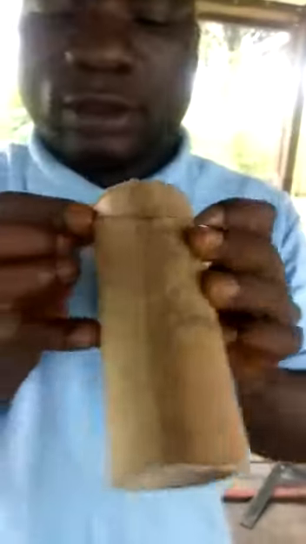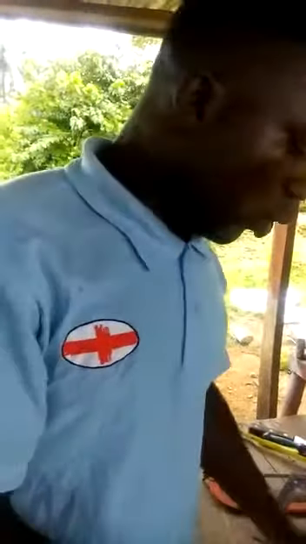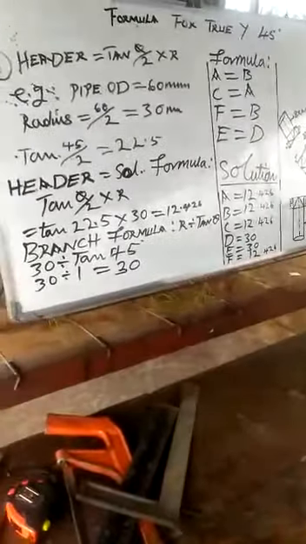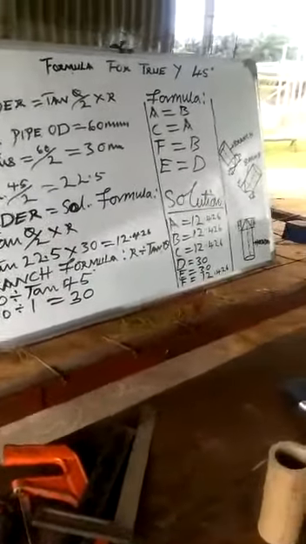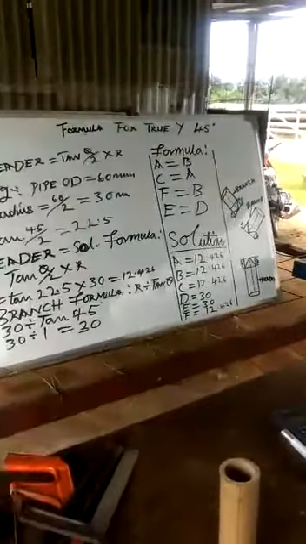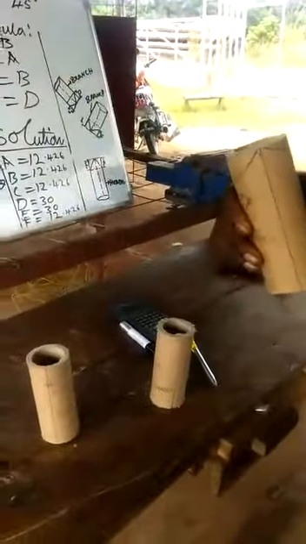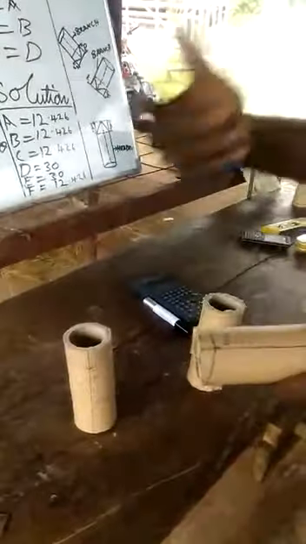Then you use your wraparound to wrap it and get this cut line. The same way you do to the others, to cut it out so that we can fit it. So let's start the cutting.